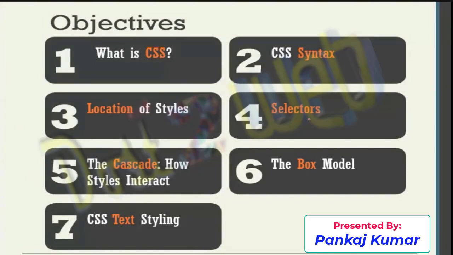Then what types of selectors we have, and how the style sheet is going to interact with your HTML. What is the box model and how you can do text styling. That means you have a text and you want to do some styling for it. These things we will be learning in this part 2 section of the first module.